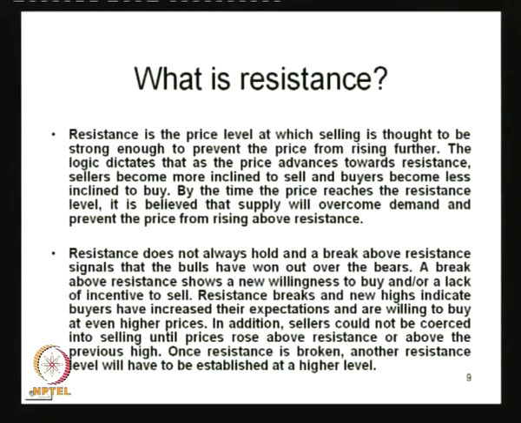The logic is that as the price advances towards the resistance, sellers become more inclined to sell and buyers become less inclined to buy. By the time the price reaches the resistance level, it is believed that supply will overcome demand and prevent the price from rising above resistance.